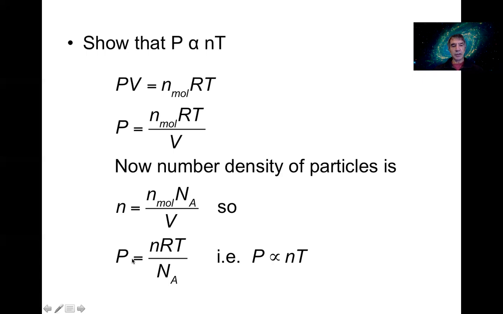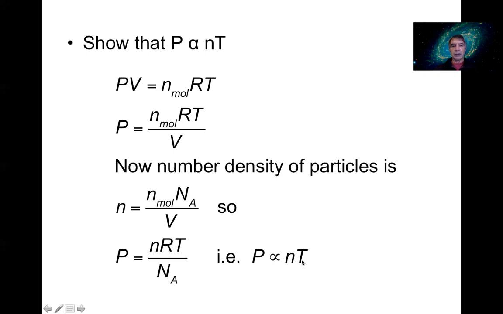So we get P equals n times the gas constant times T over Avogadro's number, where n is now the number density. This tells us that the pressure of gas in the interstellar medium is directly proportional to the number density of particles times the temperature.